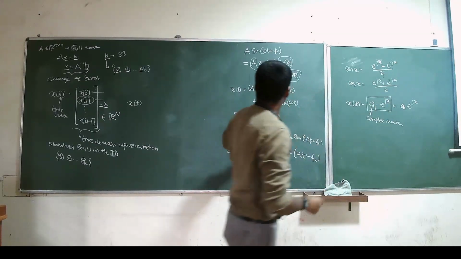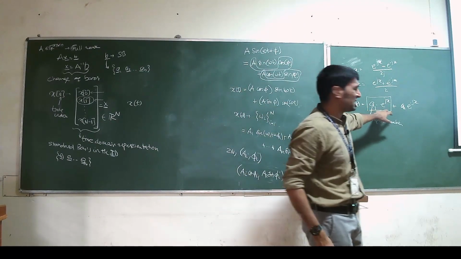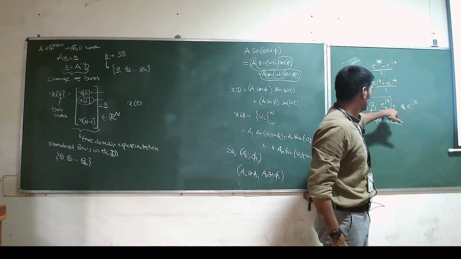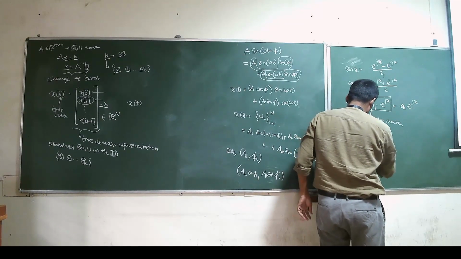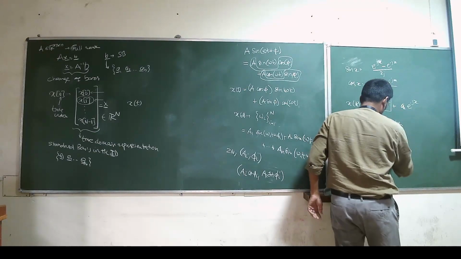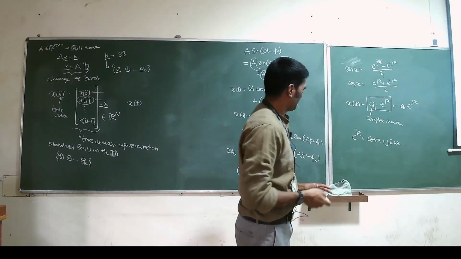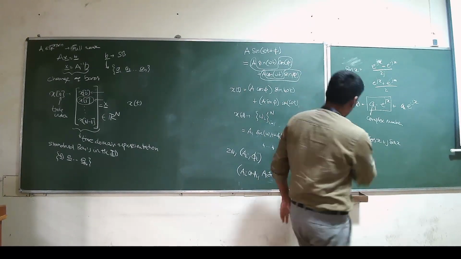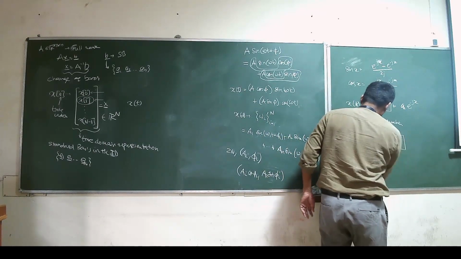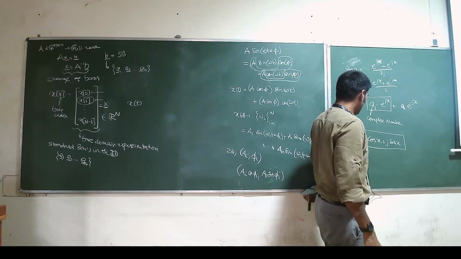Instead of representing our sinusoids as sin omega t or cos omega t, we choose to represent them as e power jx, where e power jx is simply cos x plus j sin x. And from now on, we'll essentially use this to represent sinusoidal signals.